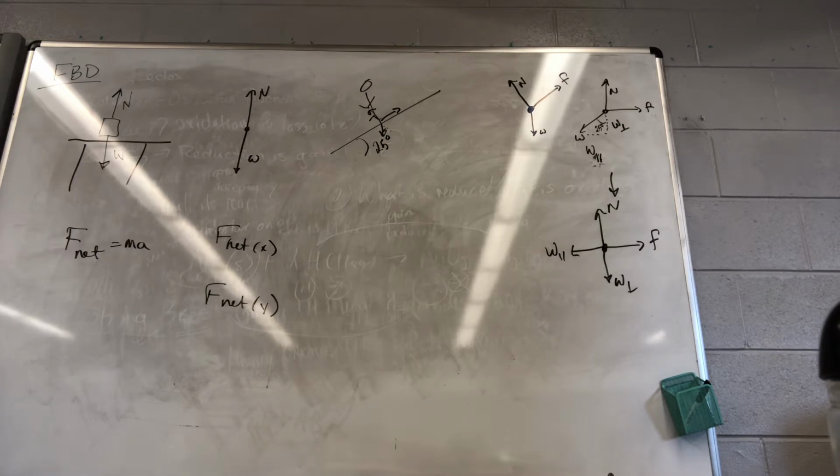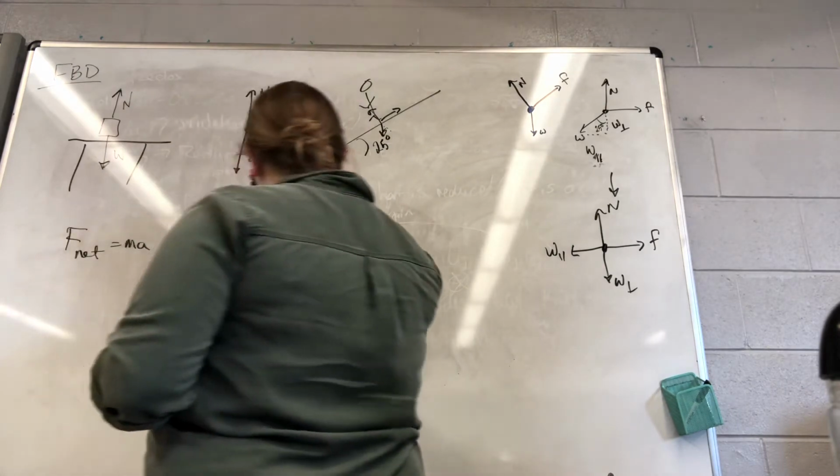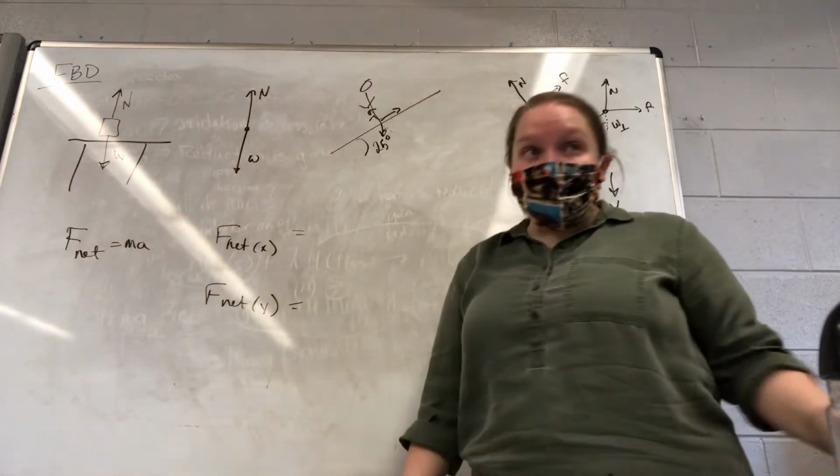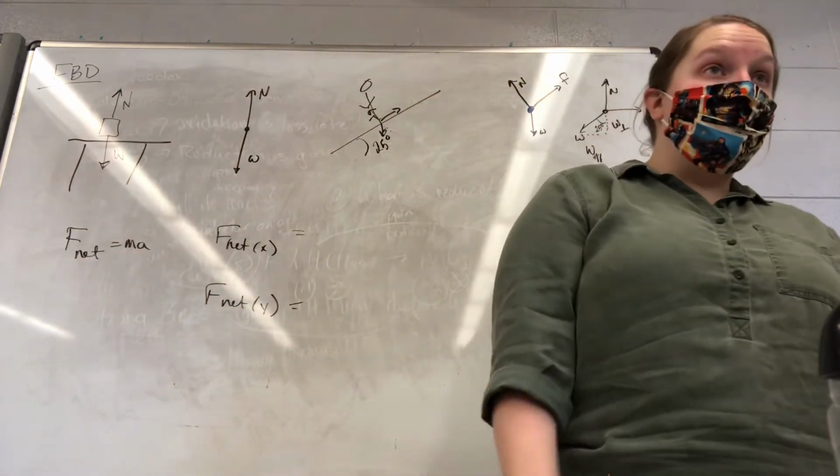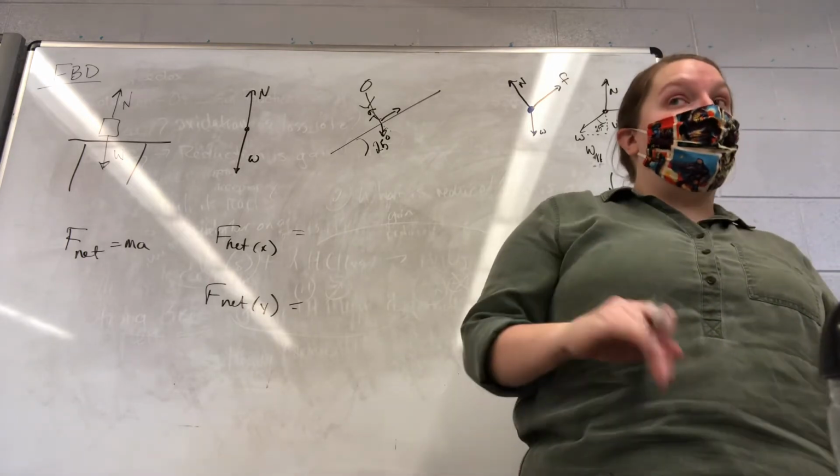If there is no movement in one of the two directions, say in the y direction, then we would say that F net equals 0. Does that make sense? So remember that an object has to be changing motion in order to have an acceleration, which means that F net will only equal 0 when the object is not moving in one direction or when it's moving in a constant way in one direction.